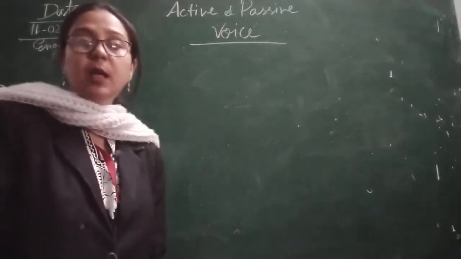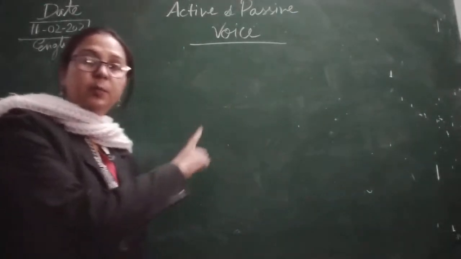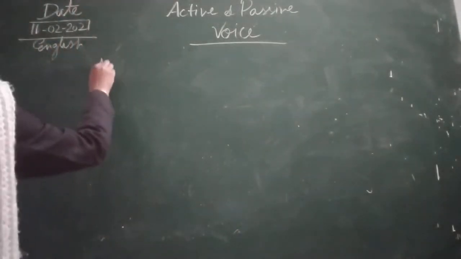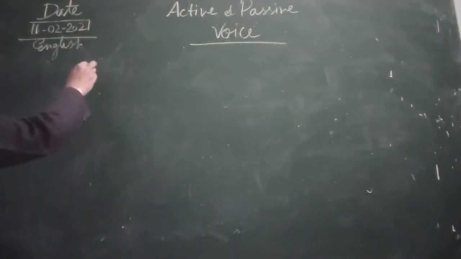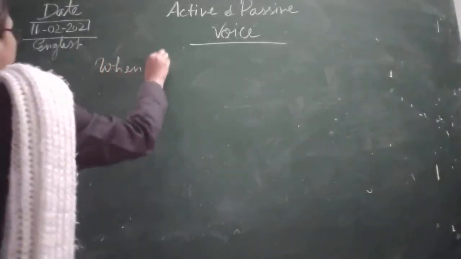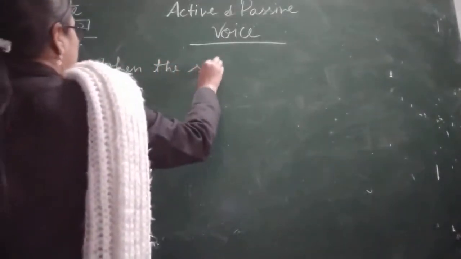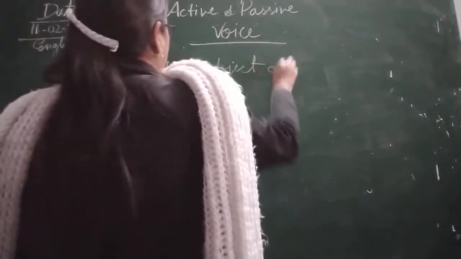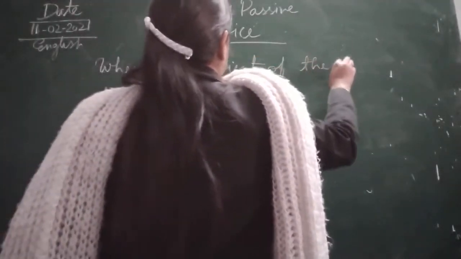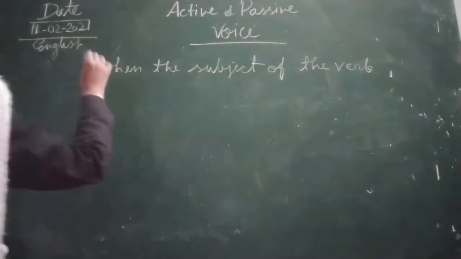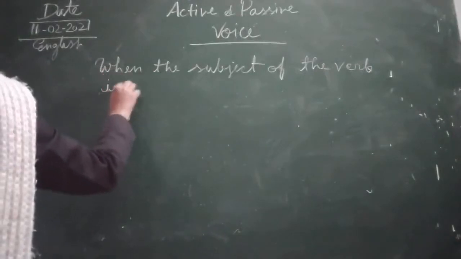First of all, I am going to write on the board what is active voice. Active voice is when the subject of the verb is the doer of an action.